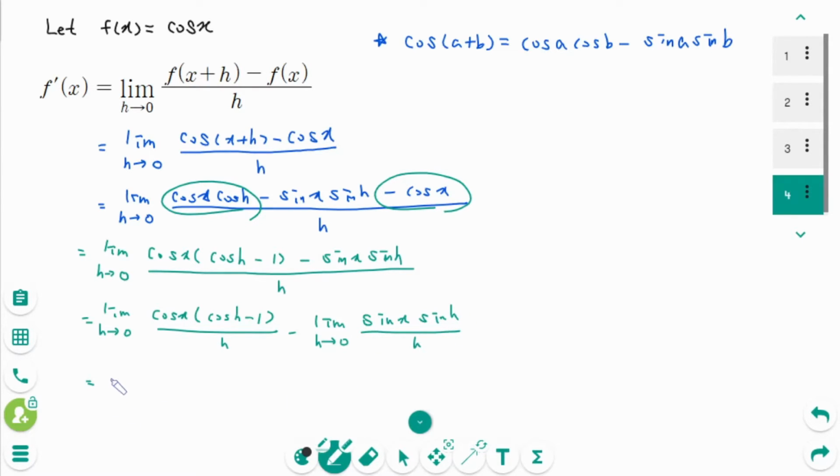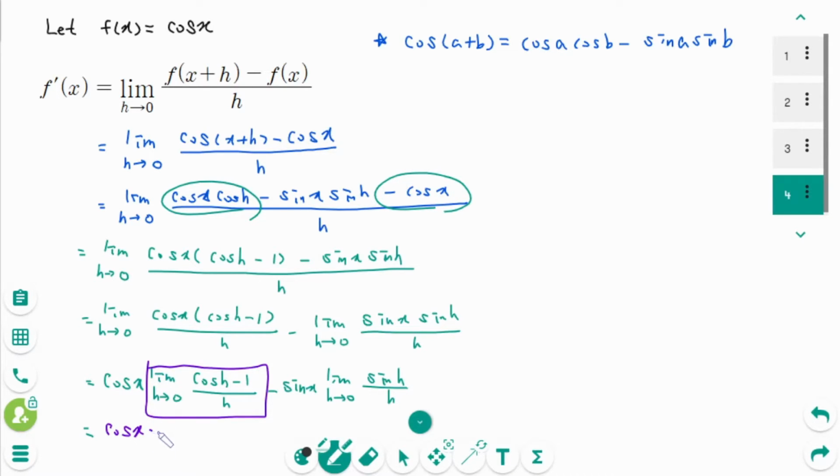We can rewrite as cosine x times limit as h approaches 0 of cosine h minus 1 over h, minus sine x times limit as h approaches 0 of sine h over h, equals cosine x times 0 minus sine x times 1. The first term cancelled. The final answer is minus sine x.